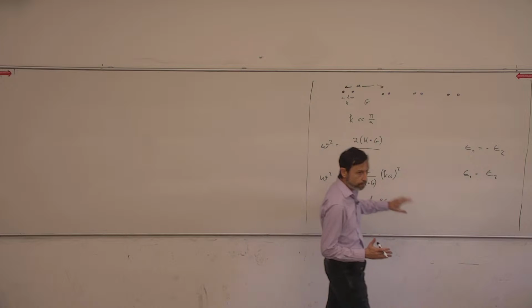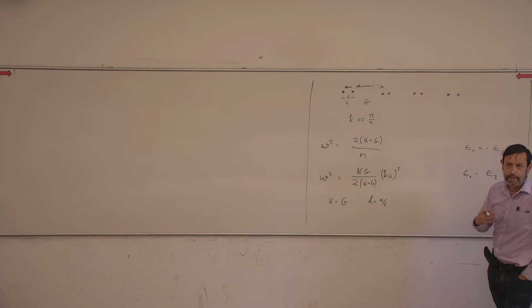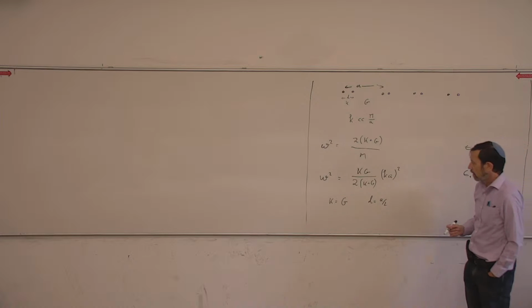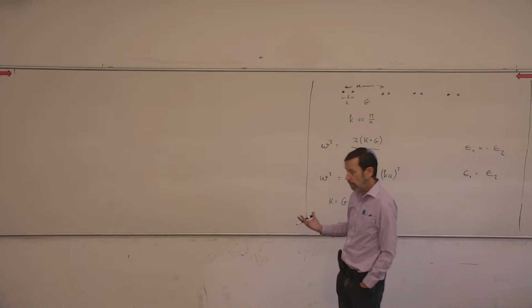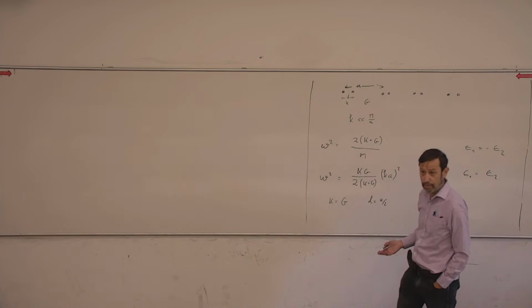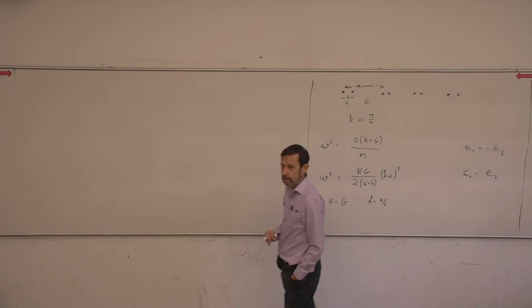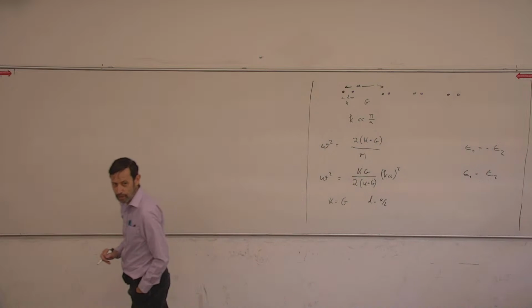This cannot be different than the solutions that we gave for a one-dimensional system. Nevertheless, it's not the same solution. And I will now argue that it is the same solution. Why?